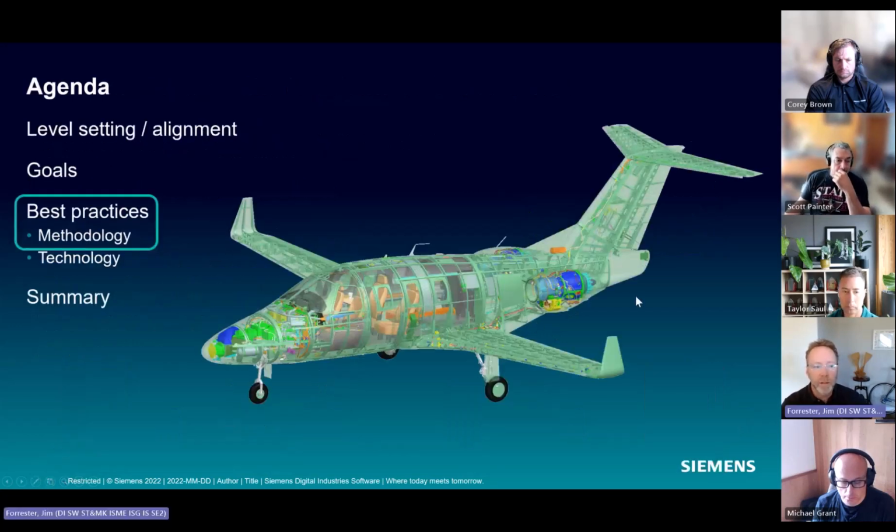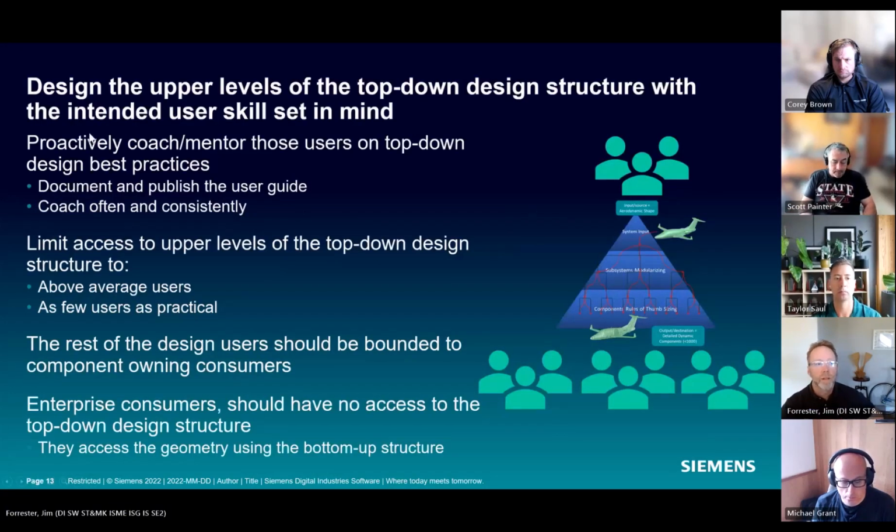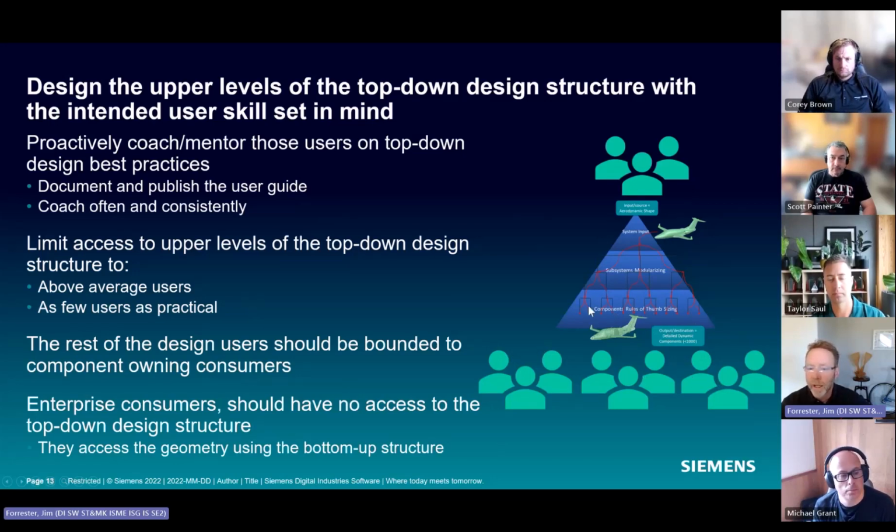Best practices with respect to all of the stuff I just talked about. We're talking about methods here. Design the upper levels of the top-down design structure with the intended user's skill set in mind. Think about your resources and their skill level, who the component owners at the bottom of the structure are and their skill level, and design it considering all of those things.